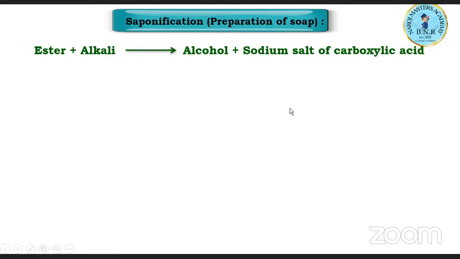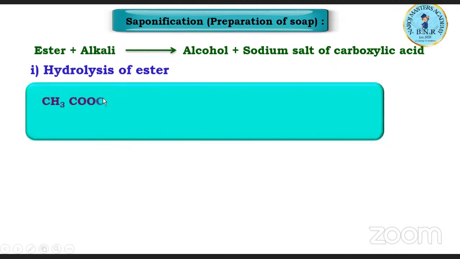Ester plus alkali gives alcohol plus sodium salt of carboxylic acid. Hydrolysis of ester. Here CH3COOC2H5 is also written as CH3COOCH2CH3. This is nothing but C2H5, both are the same.